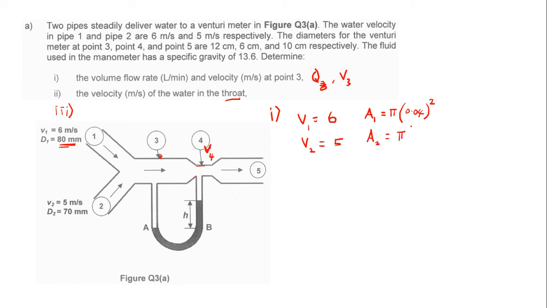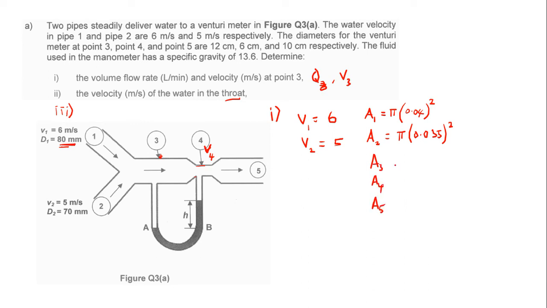So A2 is pi times 0.035 squared. What else do you have? They give you the diameter as well for 3, 4 and 5, so you have A3, A4 and A5.